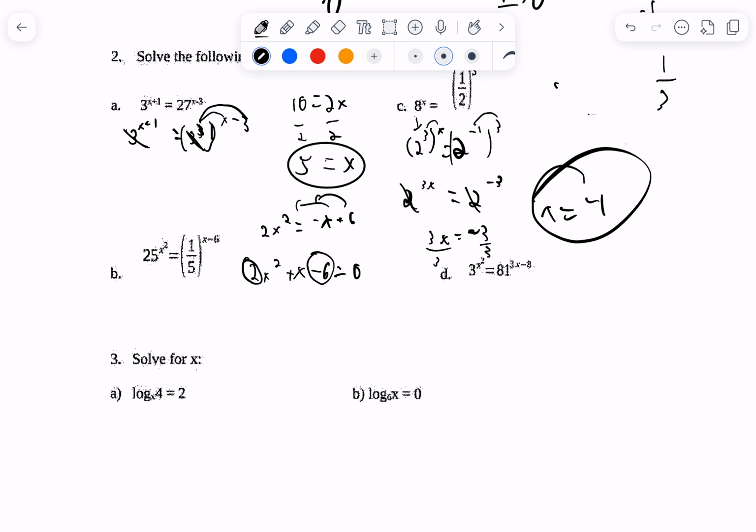So a times c is negative 12. So we want to multiply it to negative 12, and we want to add to 1. So what does that? 4 and negative 3, right? Because 4 minus 3 is 1, and 4 times negative 3 is negative 12.